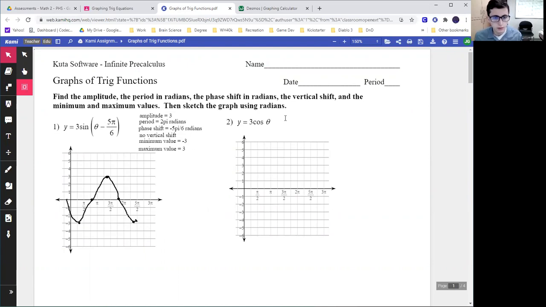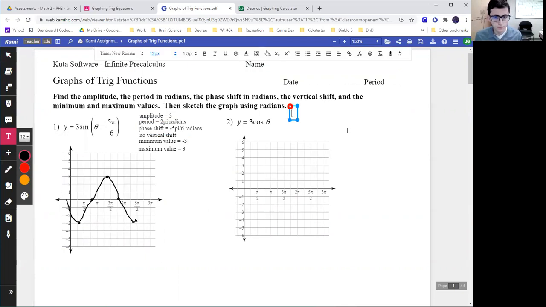Find the amplitude. Okay, so the amplitude here is going to be 3. The period in radians is going to be 2 pi. The phase shift, so if we look here inside of cosine, it's just theta.